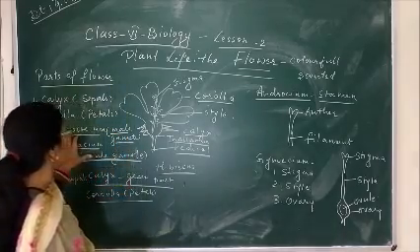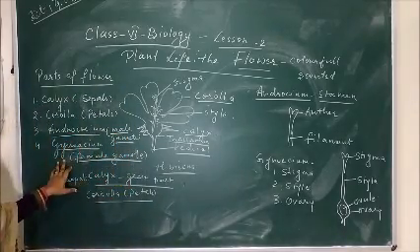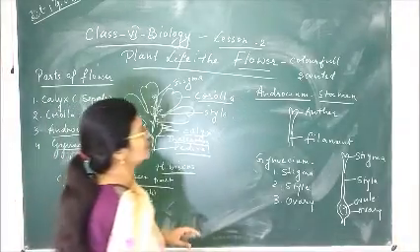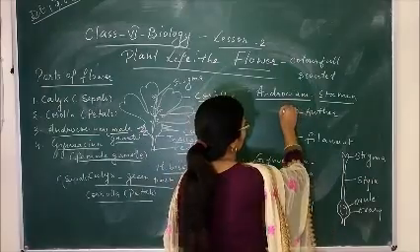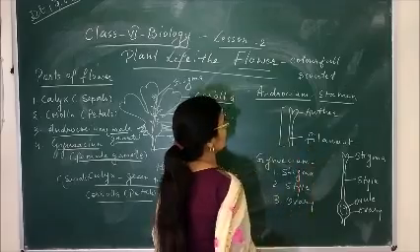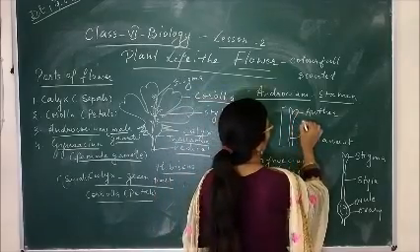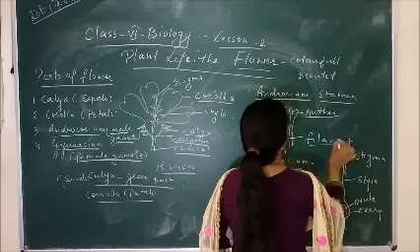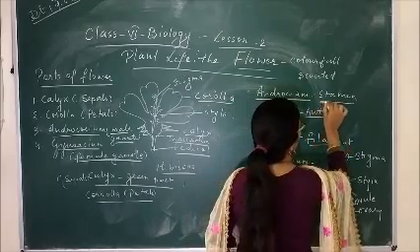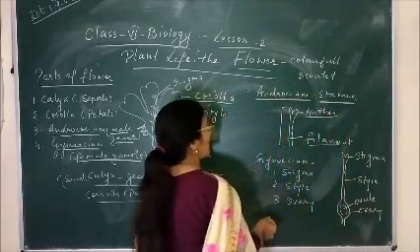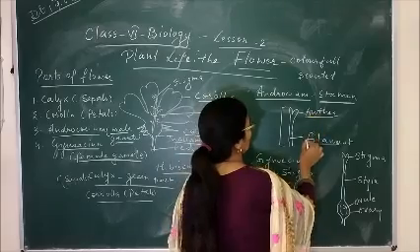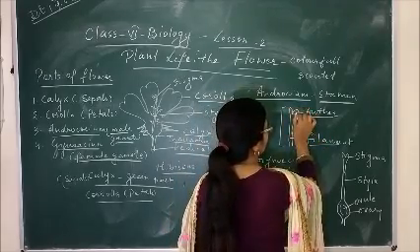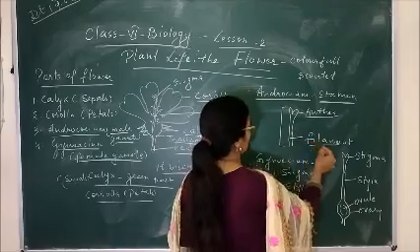And both of these help in the sexual reproduction in flowering plants. If we study the structure of the androecium, here we can see it has two parts, anther and filament. Actually, androecium is also called the stamen. And stamen is divided into two parts, anther and filament. This part is called the anther and this part is called the filament.